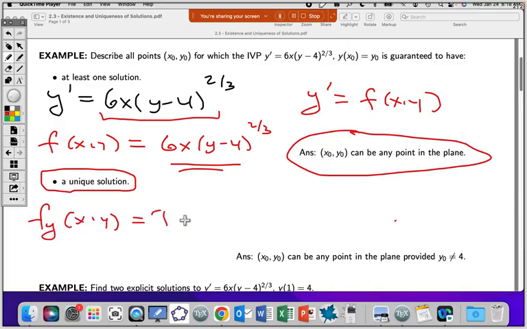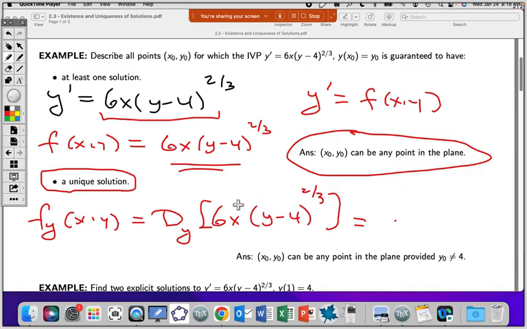And so what would that be here? When you take a partial derivative with respect to y, you treat x as a what? As a constant. Very good.